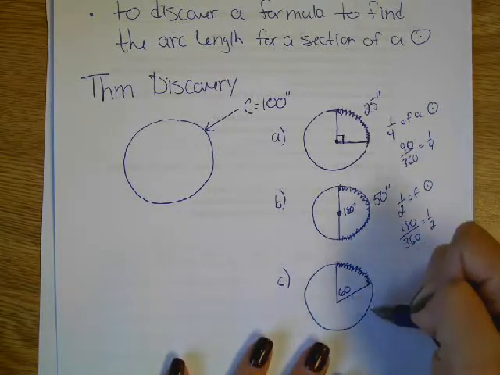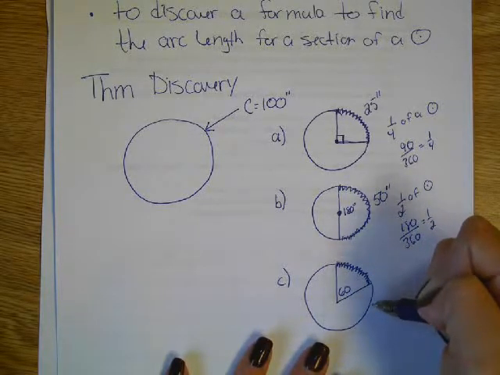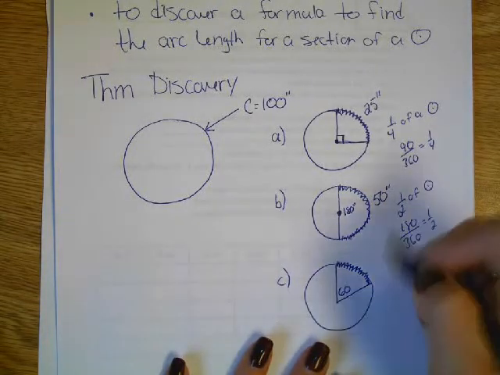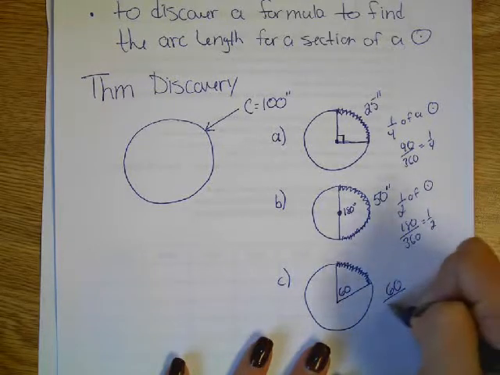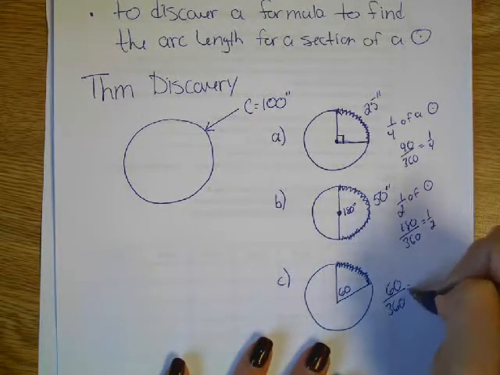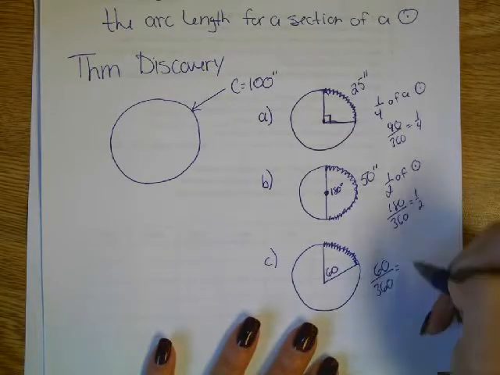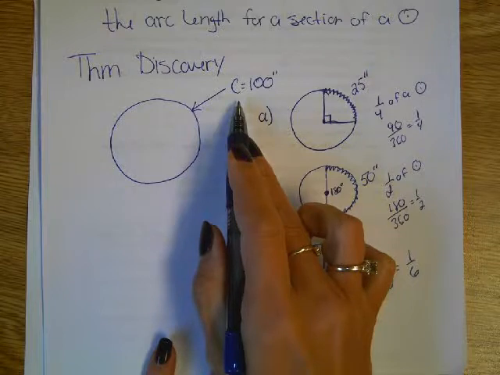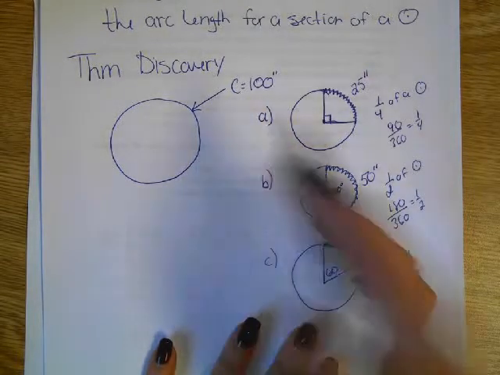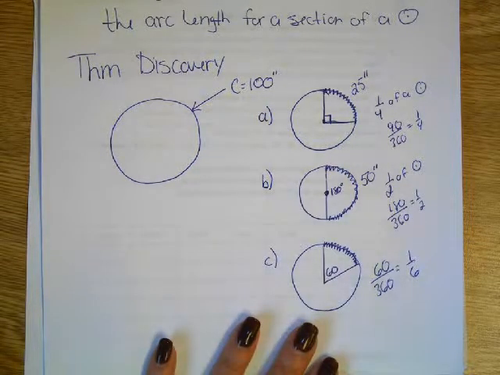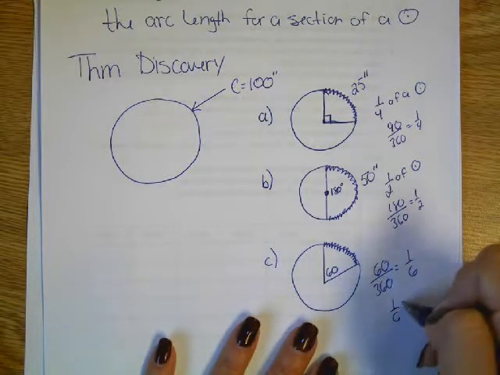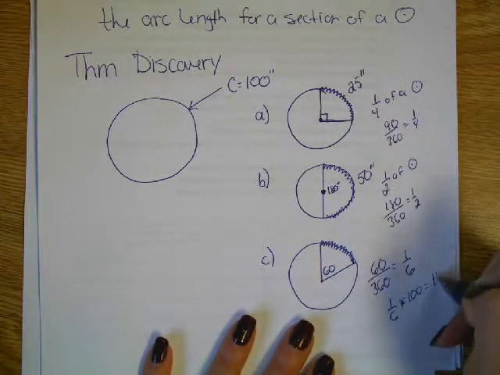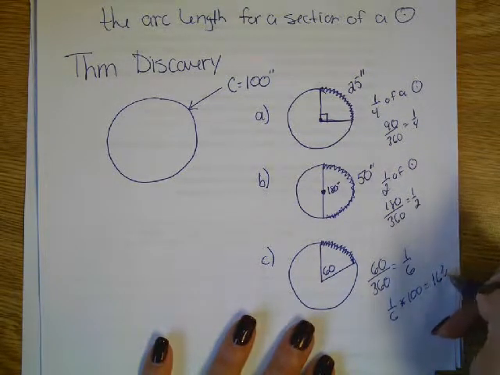I divided 60 by 360 and multiplied it by 100. Yeah, so he's finding out what fraction of the circle we're using. That's the common sense part. It's 60 out of 360, which is what fraction of the circle? It's 1/6. So I need 1/6 of the total circumference. So 1/6 of 100, again, I can't do that in my head, but he grabbed a calculator. What was that obnoxious number you said? 16.67.